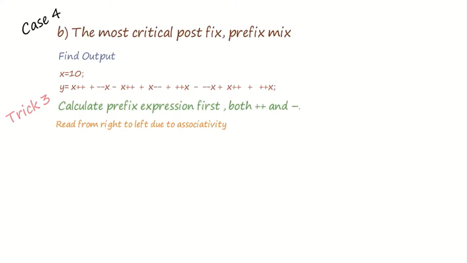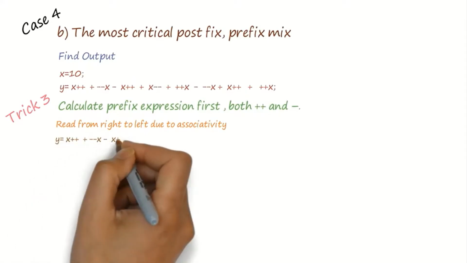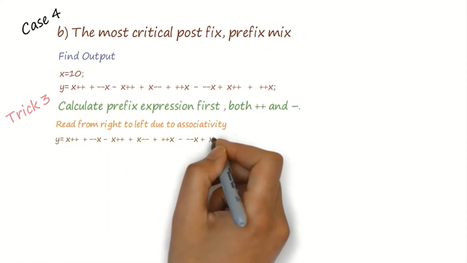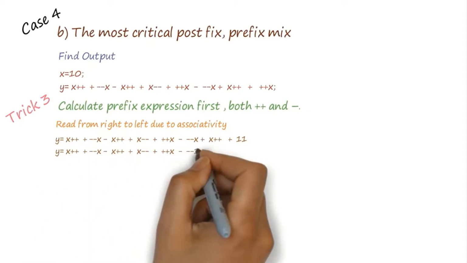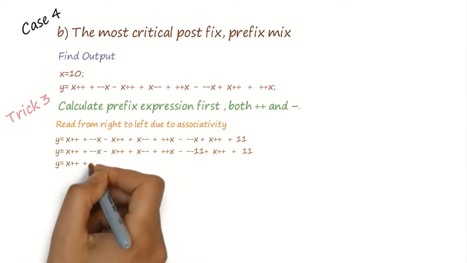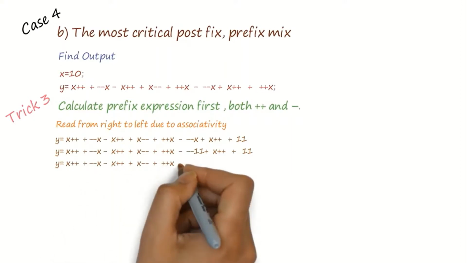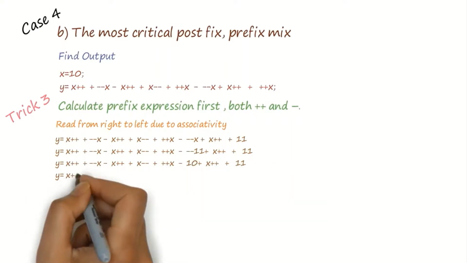Here, in this expression, or as a matter of fact any expression, as the prefix is executed first, we calculate from right to left. And remember, we will consider only the prefix operations. It doesn't matter whether it is ++ or --. So here, the rightmost ++x makes x 11. We will ignore the next postfix and consider only prefixes.